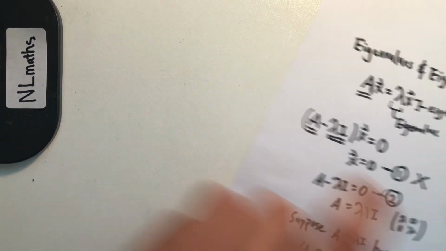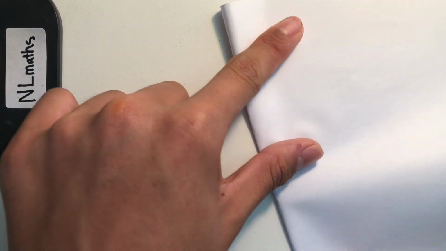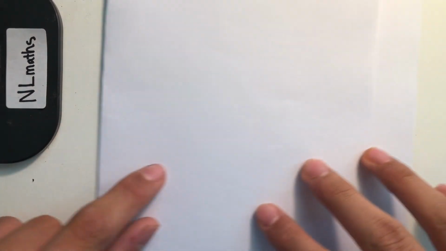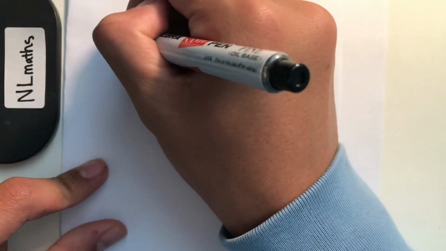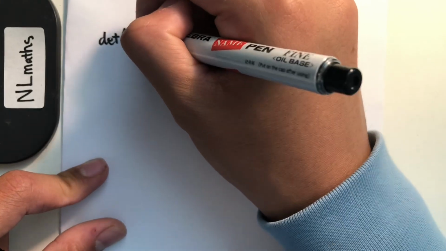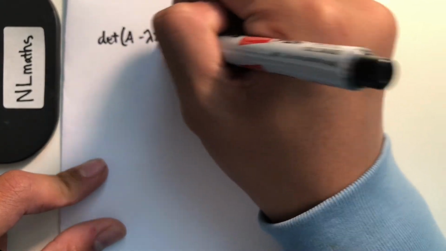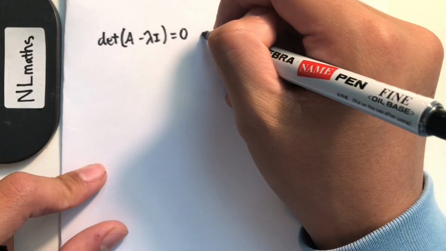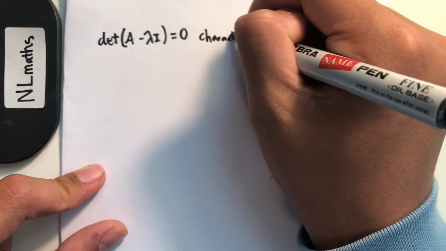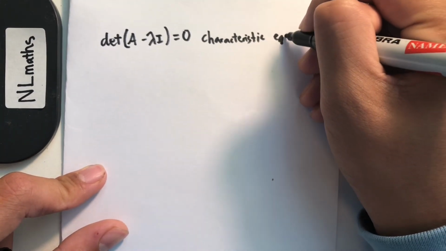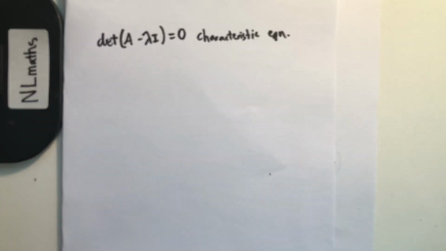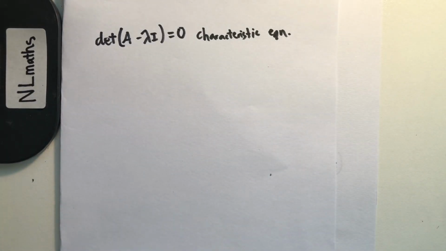So for those matrices that do not have an inverse, they follow this particular rule, that the determinant of that particular matrix, which will be A minus lambda I, is going to be 0. And this is called the characteristic equation. Very important equation in engineering maths. We'll talk more about this some other video, I suppose.